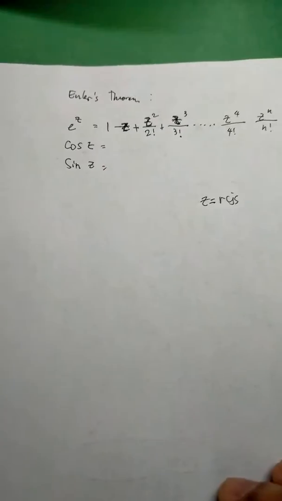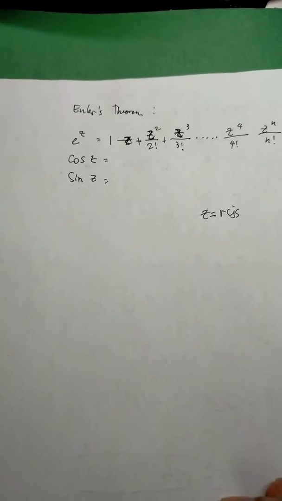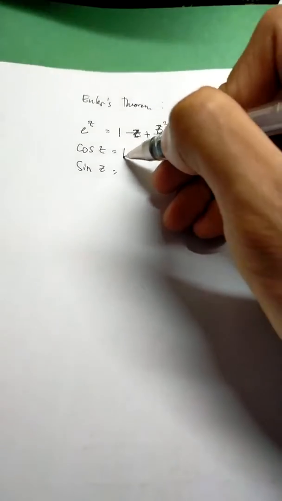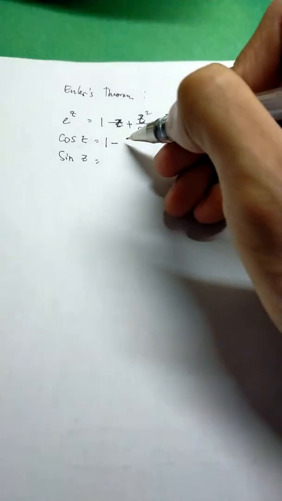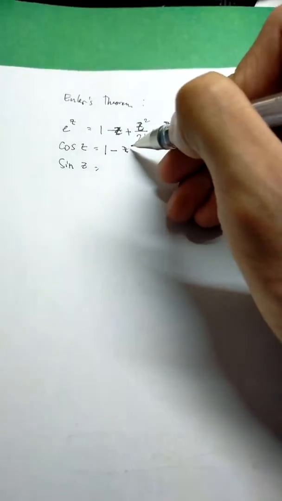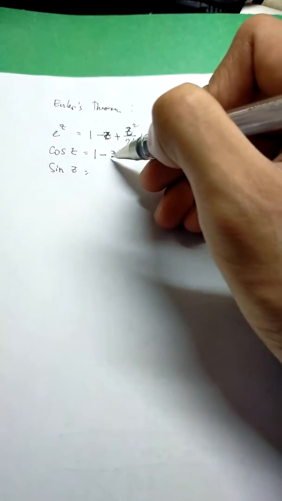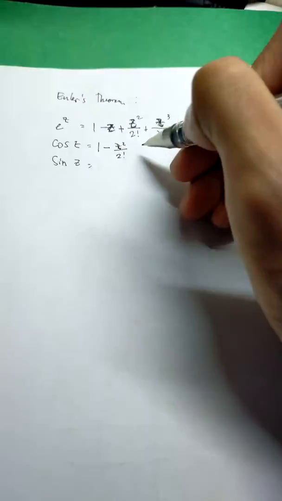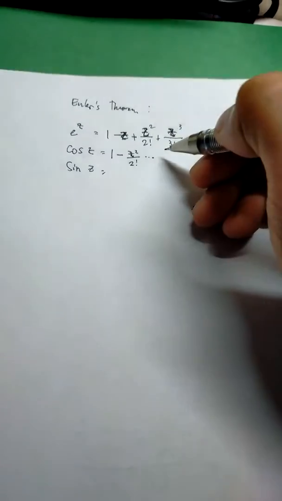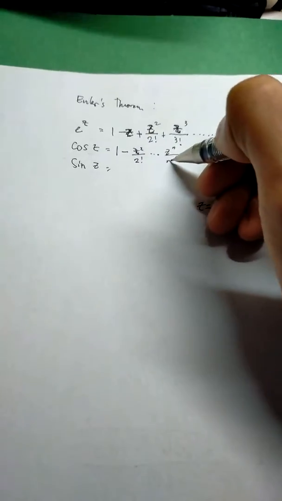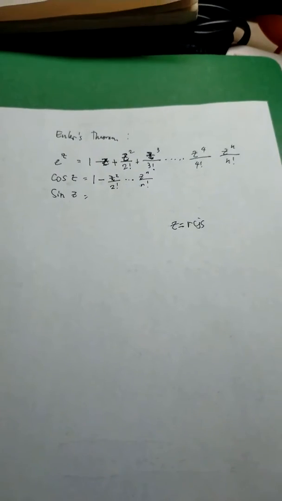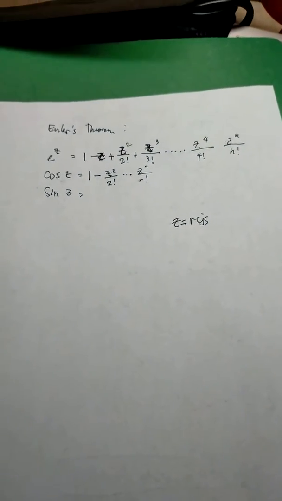So how about sa cosine? Sa cosine, the same man, no? So we have 1 minus, so we have z squared over 2 exclamation, so and so on. So ga-follow mo siya gapon sa aton nga z raised to n over n exclamation. Okay, how about sa sin x?